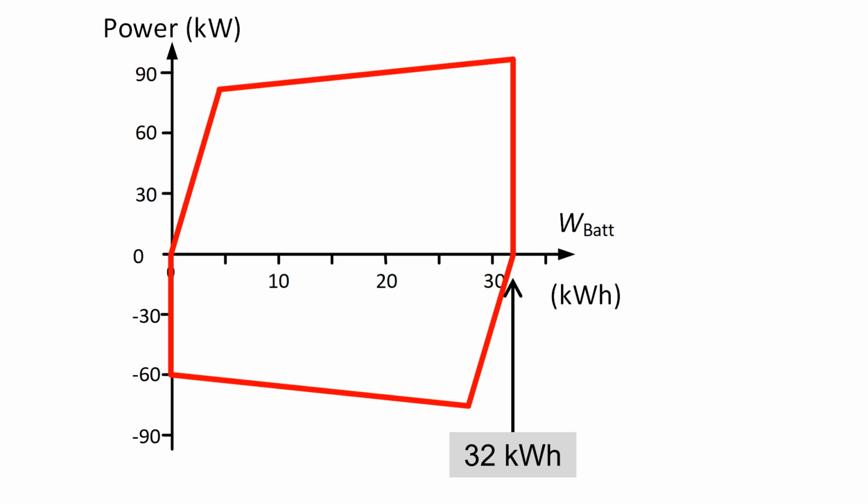The ratio of maximum power to energy capacity of a battery cell is expressed as its C rate. These energy-optimized cells have a maximum C rate of 3, which means that the maximum power in kilowatts is 3 times the capacity in kilowatt-hours. So, a 32 kilowatt-hour battery with these cells has a 96 kilowatt maximum power.